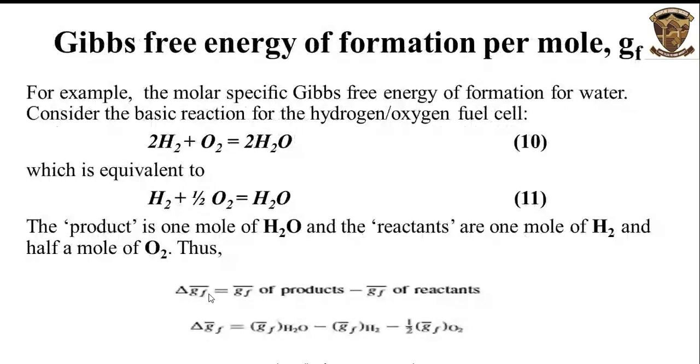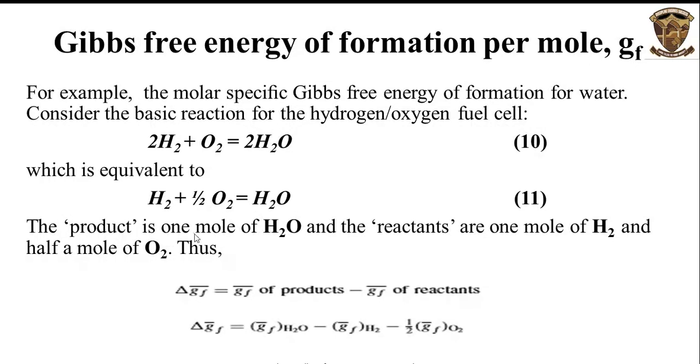We can explain it in this next slide. For example, the molar specific Gibbs free energy of formation for water. Consider the basic reaction for the hydrogen oxygen fuel cell. Two molecules of hydrogen combine with one molecule of oxygen and form two molecules of water, which is equivalent to this equation in which one molecule of hydrogen combines with half a molecule of oxygen and forms one molecule of water.